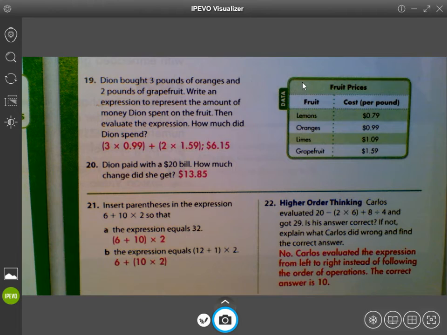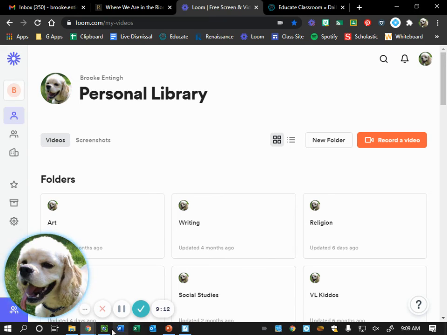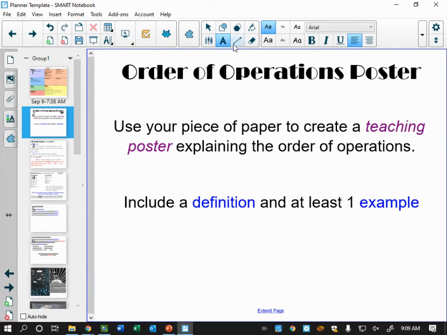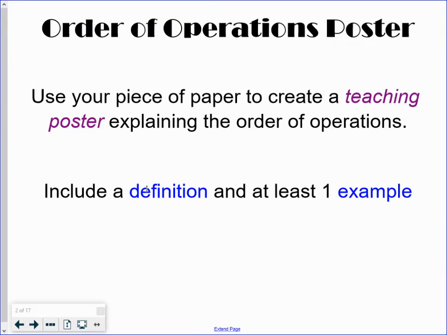Today, you are going to be creating your own order of operations teaching poster. I'm going to be giving you a piece of paper, and you're going to act as if you are creating this poster to help your friend who maybe doesn't know what the order of operations is.